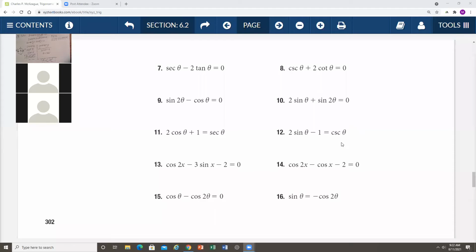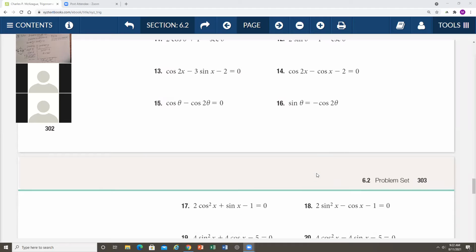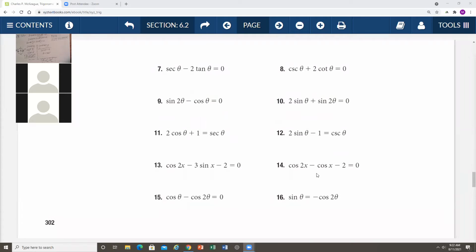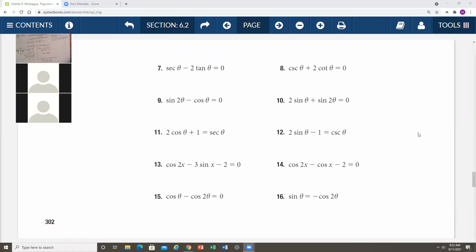There was one like number 10. Do you see any other one you would like to see solved here? Problems 1 through 16, anybody?